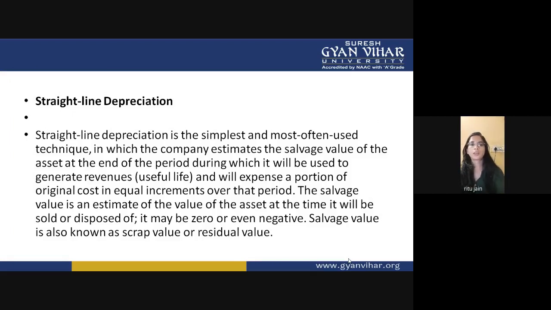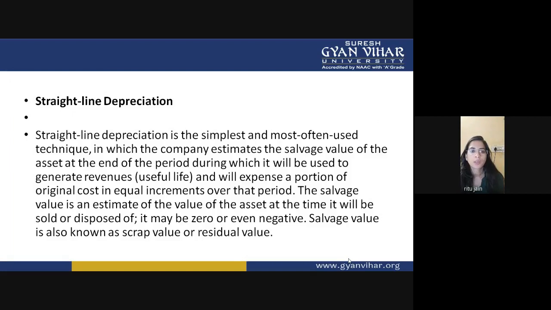Straight line depreciation is the simplest and most often used technique, in which the company estimates the salvage value of the asset at the end of the period during which it will be used to generate revenues, and will expense a portion of the original cost in equal increments over the period.